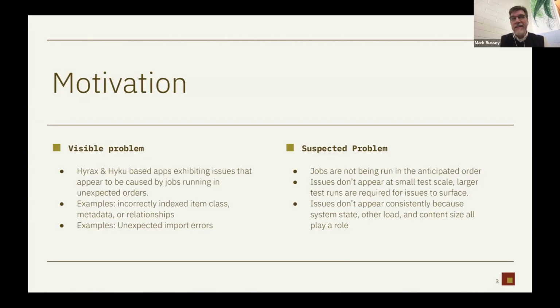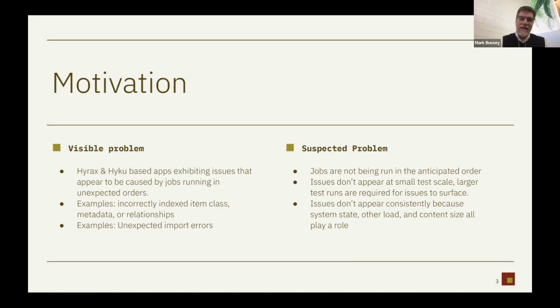Based on some work that DCE did probably back in 2021, we had some suspicion that jobs weren't being run in the anticipated order. It's hard to see this in the test suite because you really need large scale imports going on to have enough load to see the problems, and it's hard to recreate some of the issues because you need a system where other kinds of load are going on at the same time.